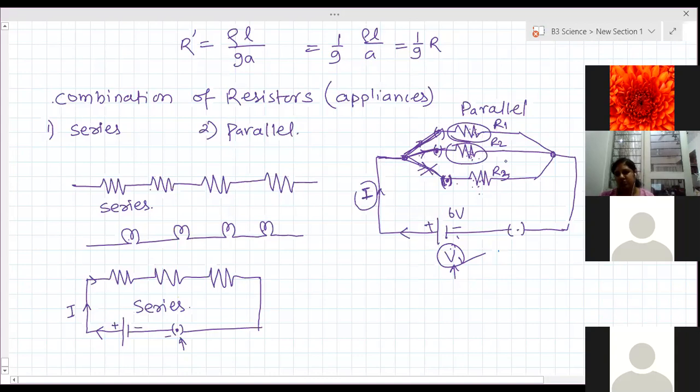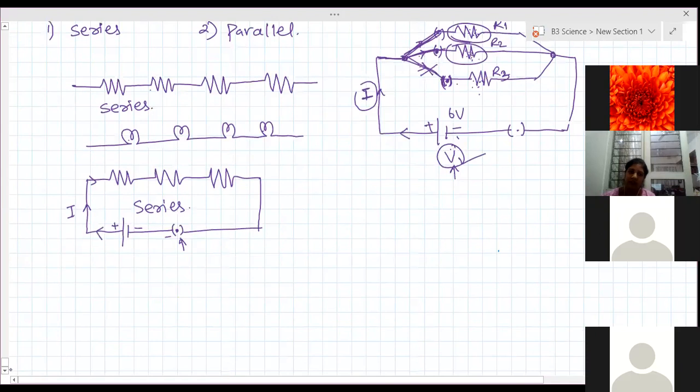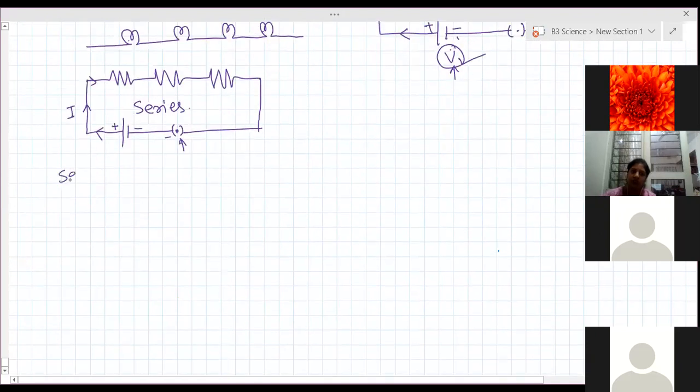That we have to learn. That derivation is important, so one by one we will see the series combination of resistors. Ma'am, in a parallel combination, the currents flowing into the resistors are different, right? Yes.